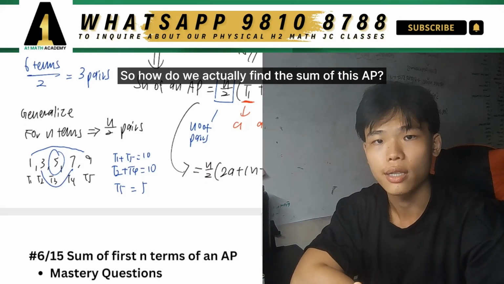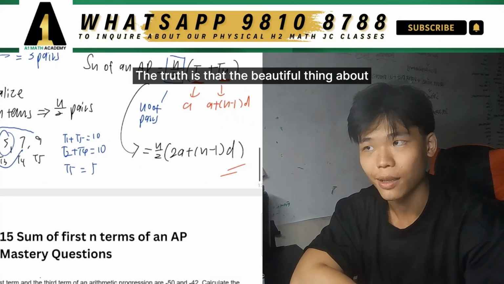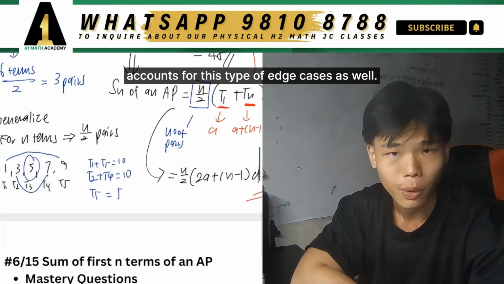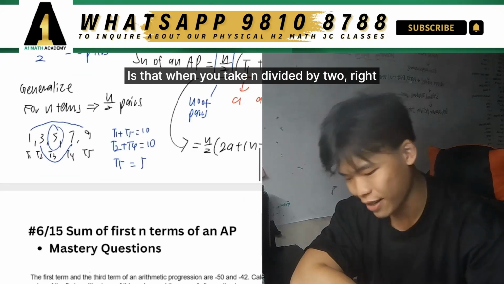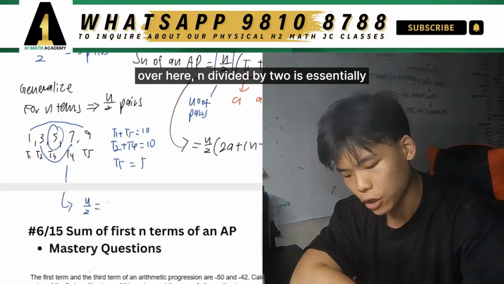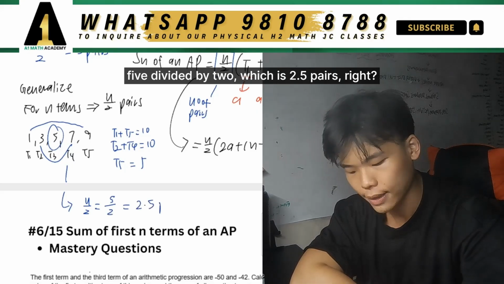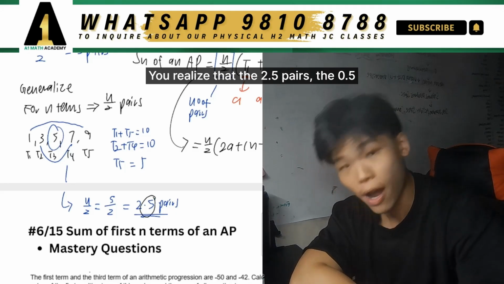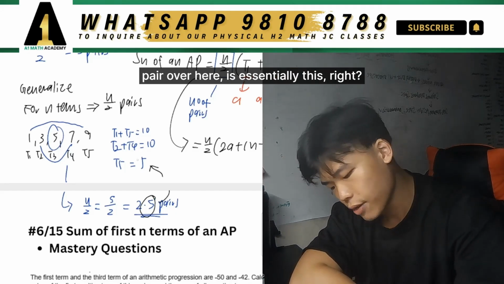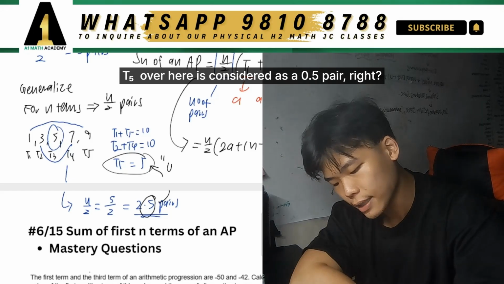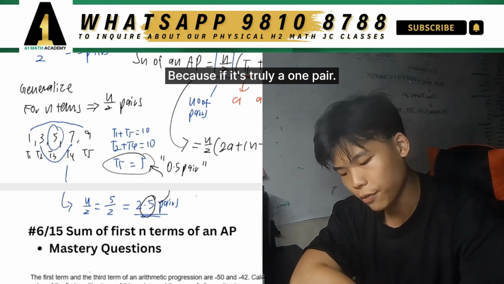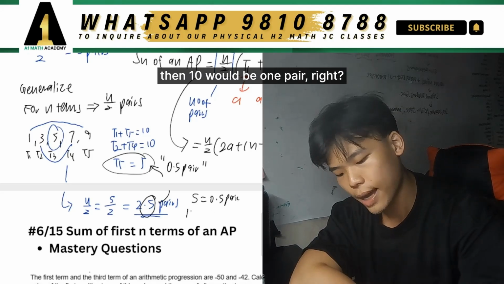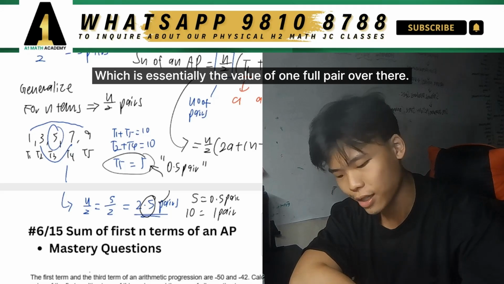So how do we actually find the sum of this AP? The beautiful thing about this formula is that it accounts for this type of edge case as well. When you take n divided by 2, here n divided by 2 is 5 divided by 2, which is 2.5 pairs. You realize that the 0.5 pair over here is essentially the standalone term. The 5 is considered a 0.5 pair, because if 5 is 0.5 pair, then 10 would be 1 pair, which is the value of 1 full pair.